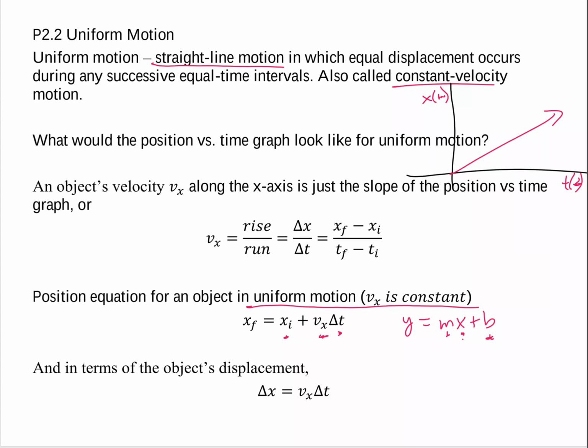So there is a direct correlation in this equation right here that we're talking about in physics to this equation right here that we learned back in Algebra 1, okay? It's just that you're using different letters that represent the things that are going on in physics compared to the usual numbers that we dealt with back in Algebra 1, okay?